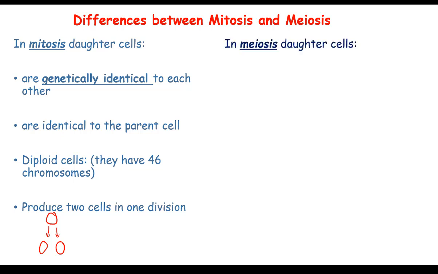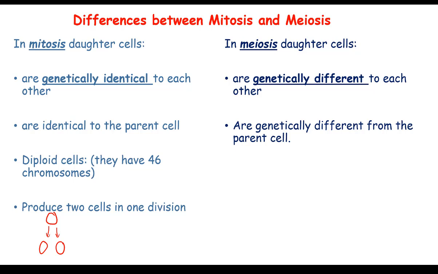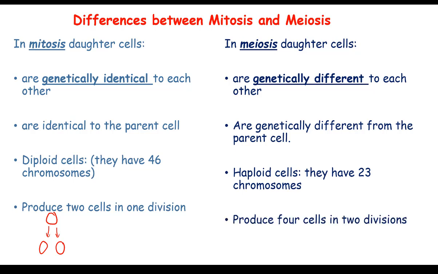But meiosis was different. The daughter cells produced were genetically different to each other, and they were also genetically different from the parent cell. They were also haploid cells, which means they have 23 chromosomes each, and it produces 4 cells in 2 divisions. So we started off with 1 cell. After 1 division, we had 2 cells, and then another division took place, and we ended up with 4 cells.